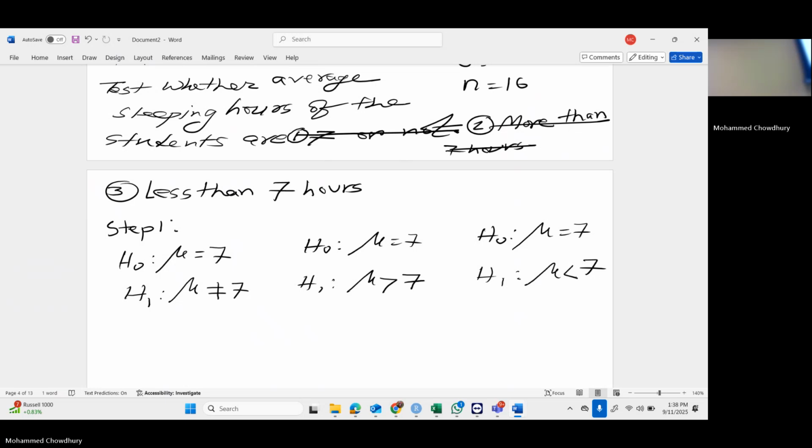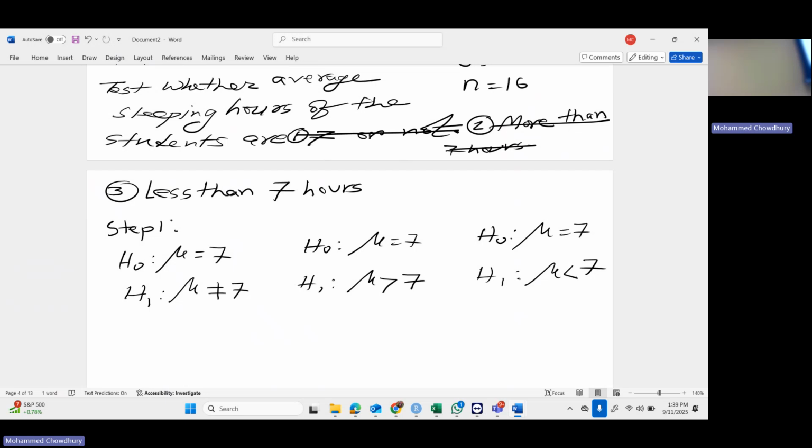Or more than 7 hours. That means the second set of null and alternative hypothesis. So in the question, one of the 3 must be specified. You understand?